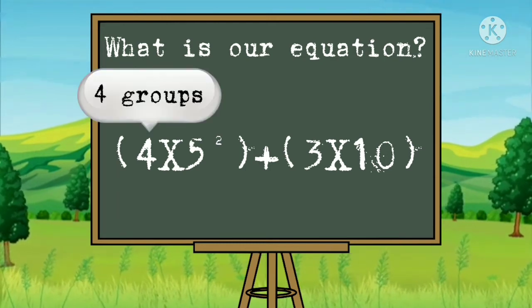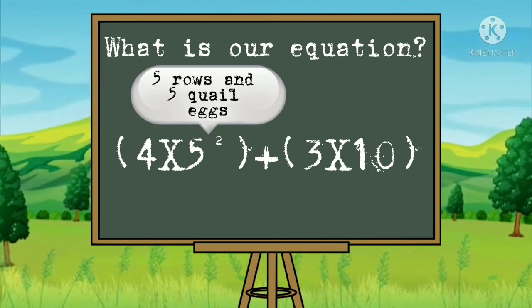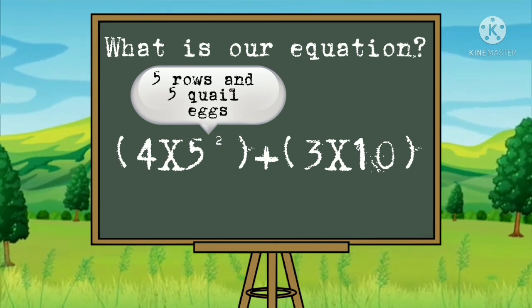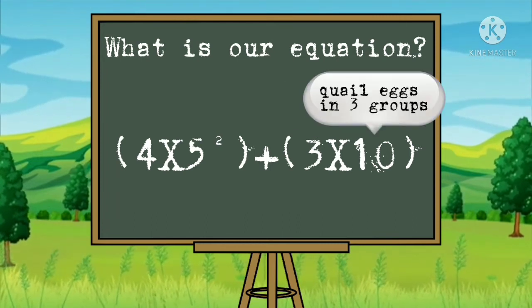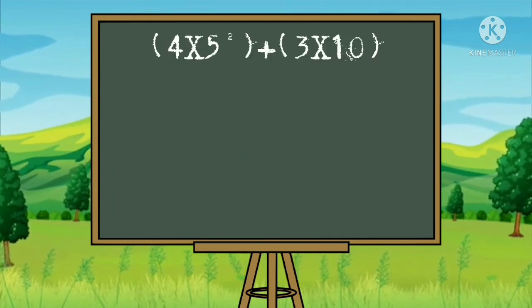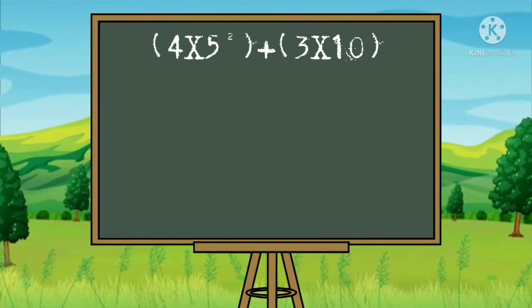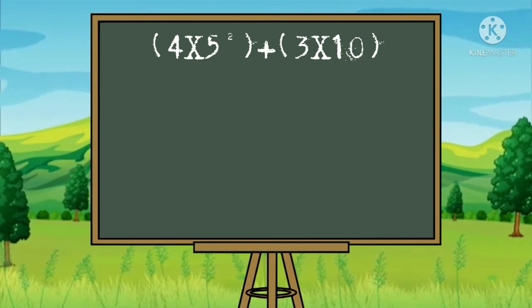Whereas 4 is for the groups, 5 squared or 5 raised to the power of 2 is for 5 rows and 5 quail eggs placed in the tray, and 3 is for the other groups, and 10 is for the quail eggs in 3 groups. How will we evaluate this? Open parenthesis 4 times 5 squared, close parenthesis, plus open parenthesis 3 times 10 and close parenthesis.